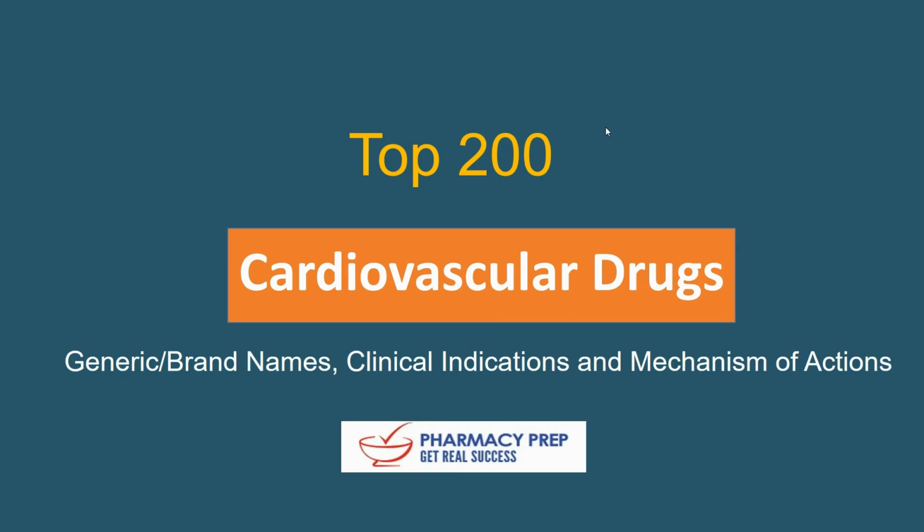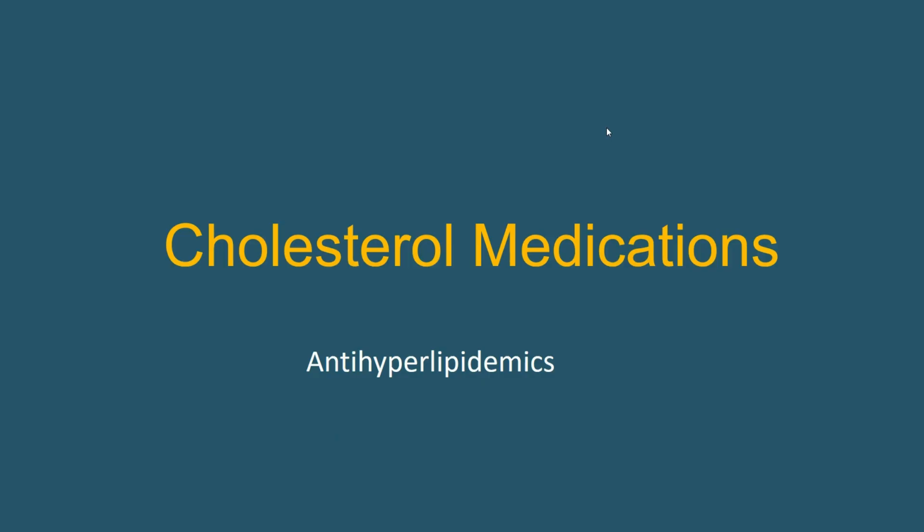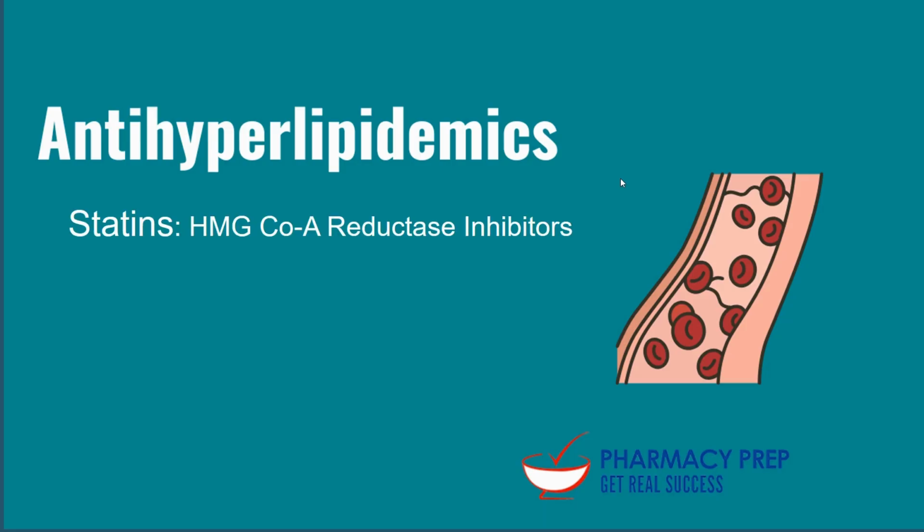So let's start. First, start with the cholesterol medications, which is also known as antihyperlipidemics. The most commonly used antihyperlipidemics of the top 200 drugs are statins, which is also known as HMG-CoA reductase inhibitors.